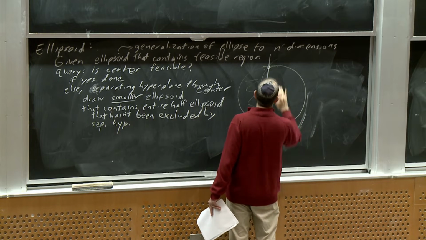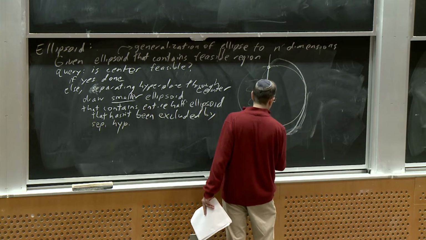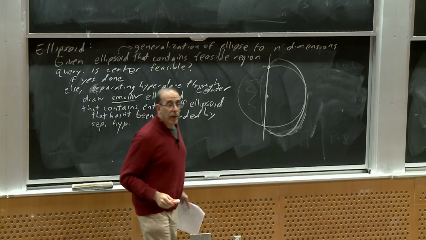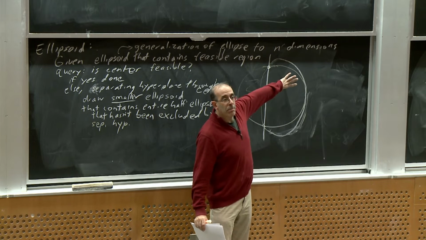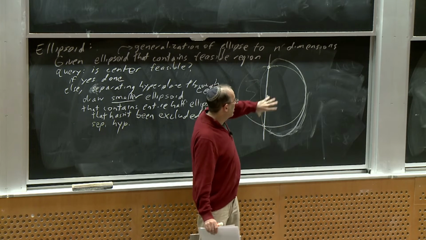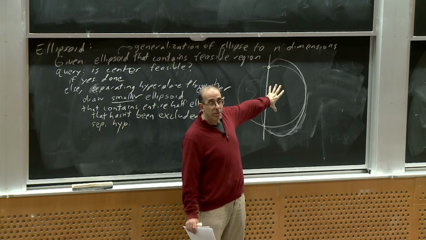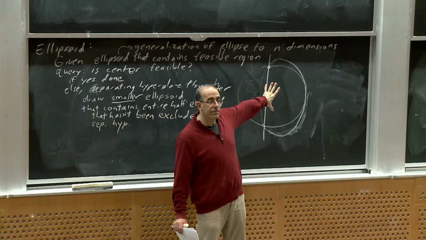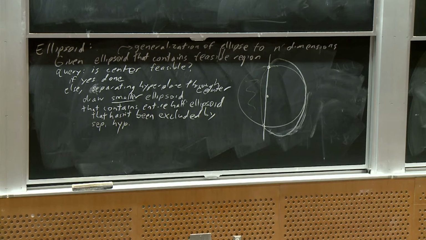Oops. Sorry, I am not a great artist. Okay, so it gets a little bit taller, but much skinnier. And we're going to argue that that combination of getting a little bit taller and much skinnier makes the ellipsoid have less volume. Okay? So is that general plan clear?